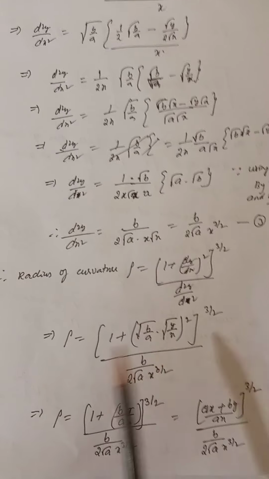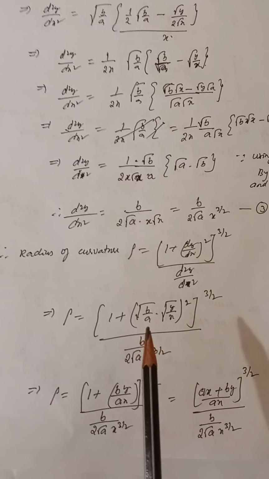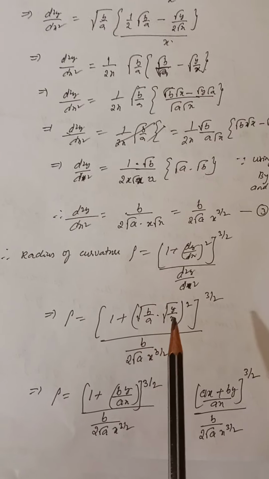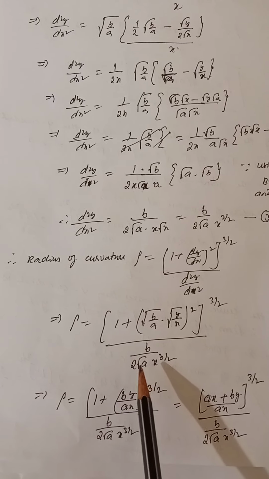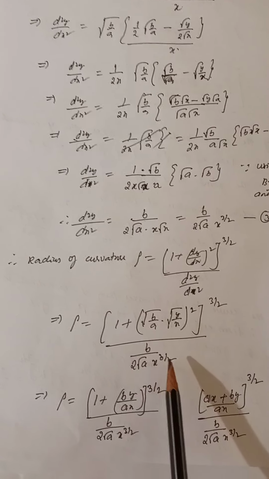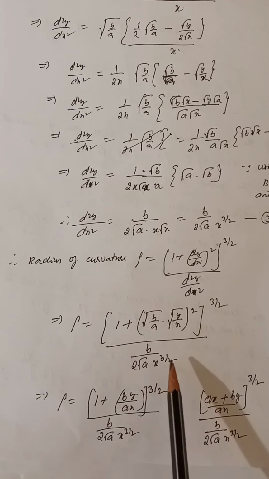Therefore rho is equal to (1 plus (root of a by b, root of b by a into root y by x) whole square) whole to the power of 3 by 2 by the d square y by dx square value, which is b by 2 root a into x to the power of 3 by 2. By simplifying, you will get this result, right? Rho is equal to 2 into (ax plus by) whole to the power of 3 by 2 by ab.